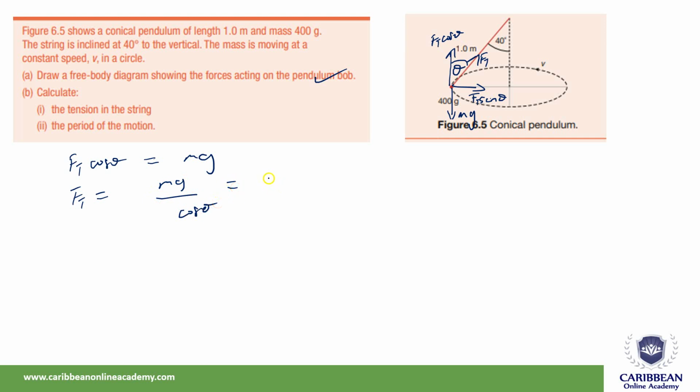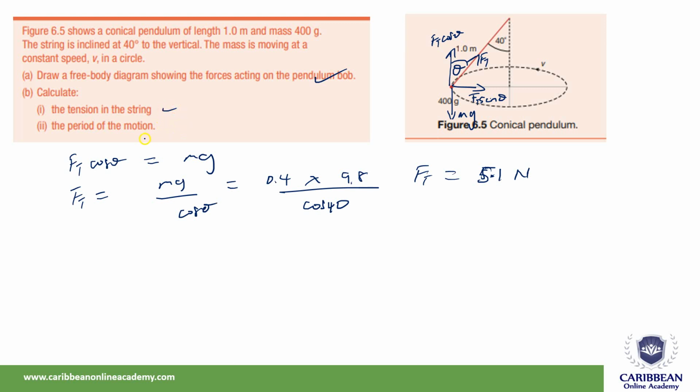My mass is 400 grams, so that's going to be 0.4 times 9.8 divided by cos of 40 degrees. Let's just see if we can calculate that quickly. Good. So in this case, I'm seeing that my Ft is going to equal 5.1 newtons. That's my tension force.